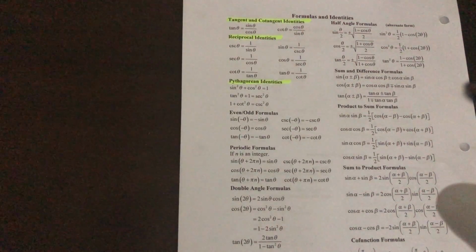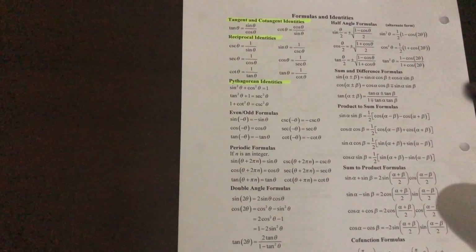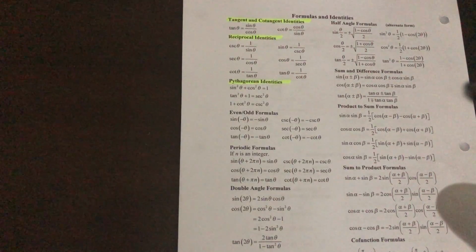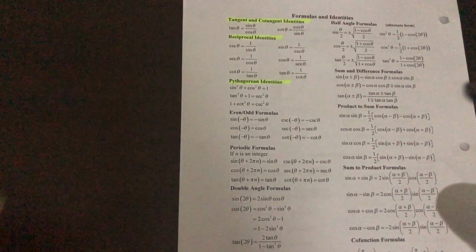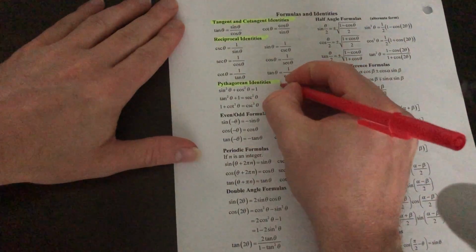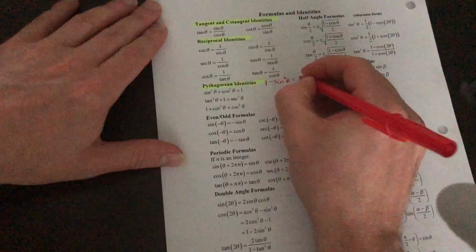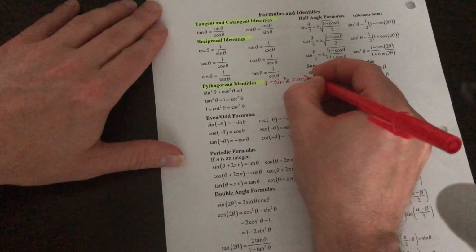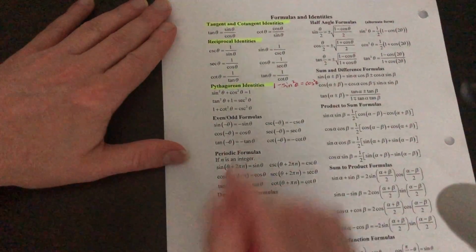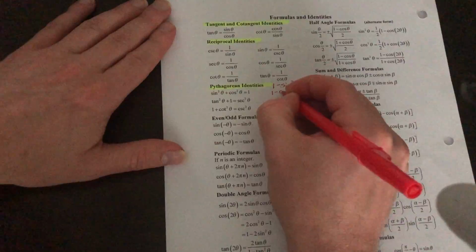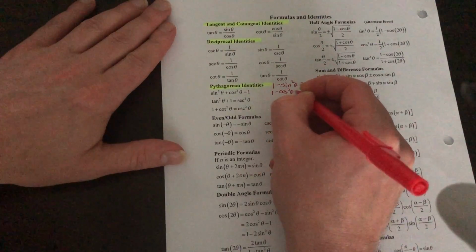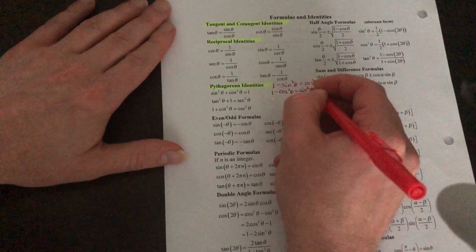Now I just want to go ahead and derive these out for you real quick. If you see 1 minus sine squared of theta, that's equal to cosine squared theta. If I see 1 minus cosine squared theta, it's sine squared theta.